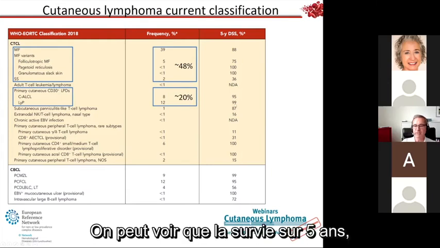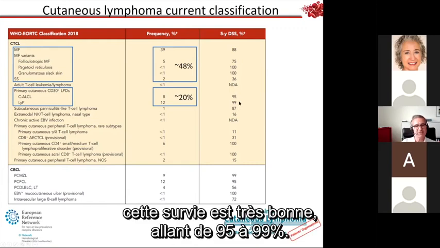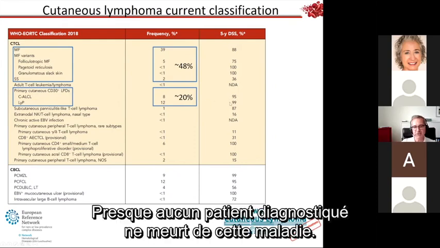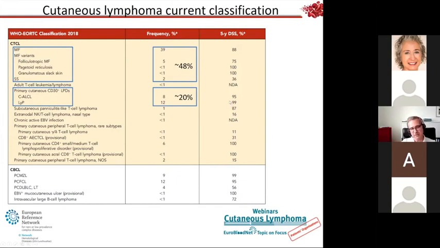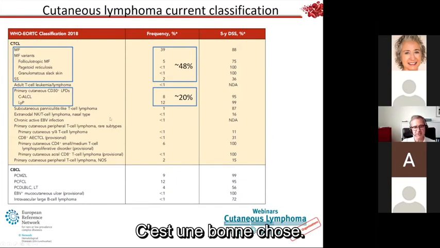And you see that their 5-year survival is obviously very good, with 95 to 99%. Virtually nobody with that diagnosis dies from the disease. That is a positive message.